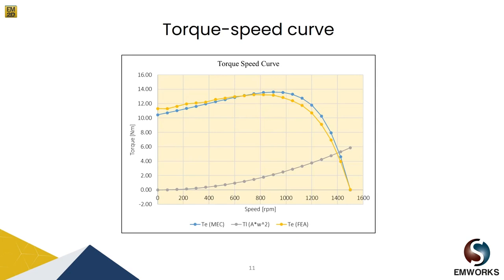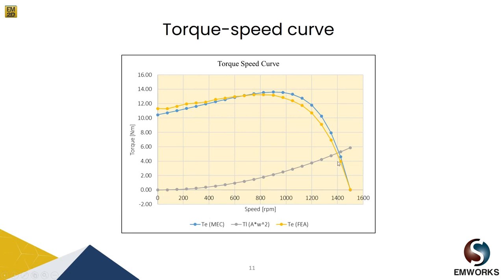So the next characteristic of the induction motor that is of interest is the torque speed curve. Our case study motor is a 4-pole motor and the synchronous speed is 1500 RPM. You can see the synchronous speed here, the maximum torque and the starting torque.